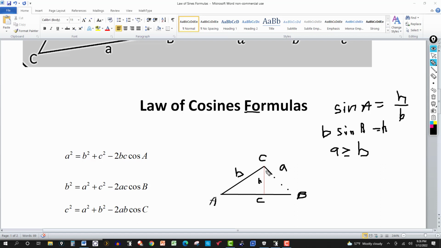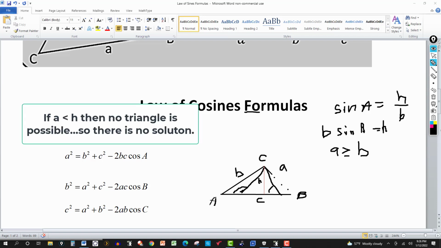So in that case, you could have this side intersect, say, something like this, and over here on this side, as long as it's greater than h but less than b, you can have this scenario. So you could have this triangle right here, which would be an obtuse triangle. This angle right here would be obtuse, and then this other triangle formed over here with this one would be an acute angle. But that's what we're going to focus on a little bit more in the next video, because other than that, it's just plug it into the formula.